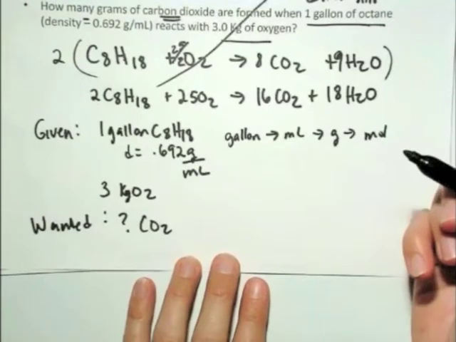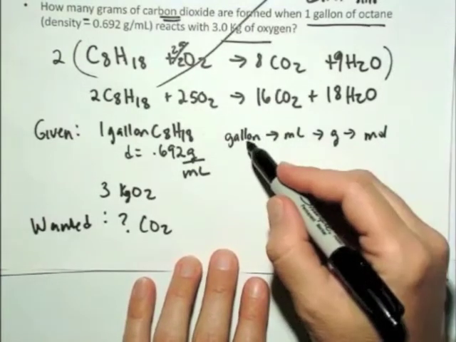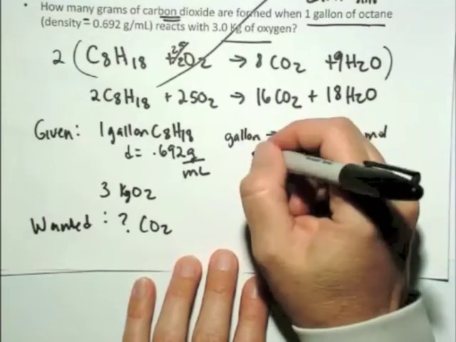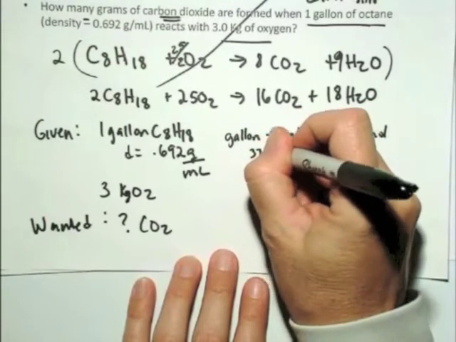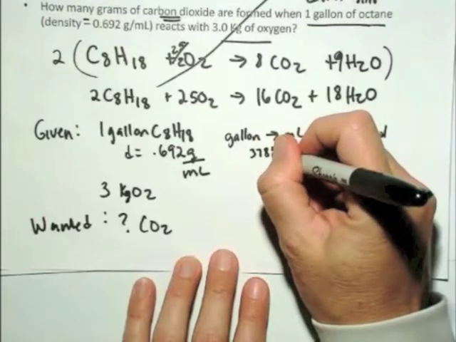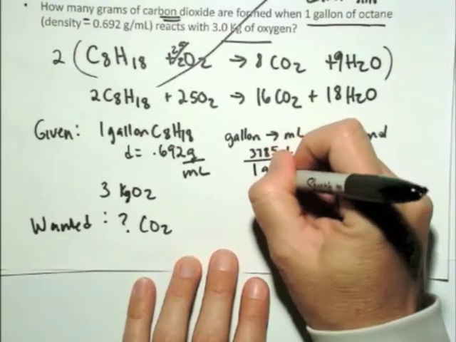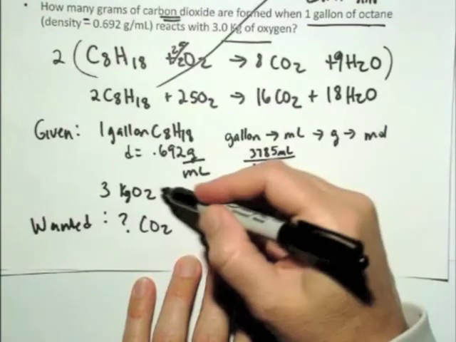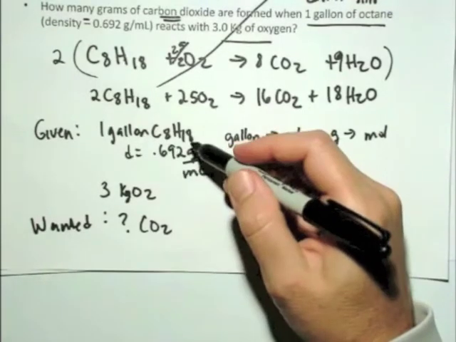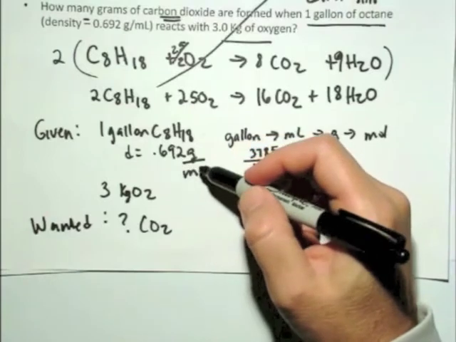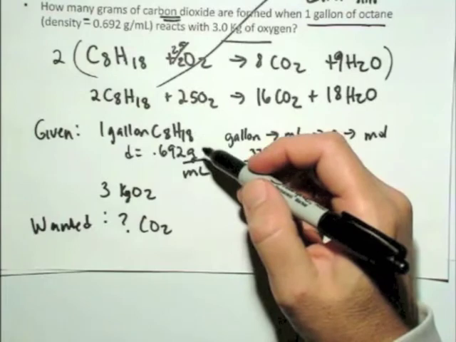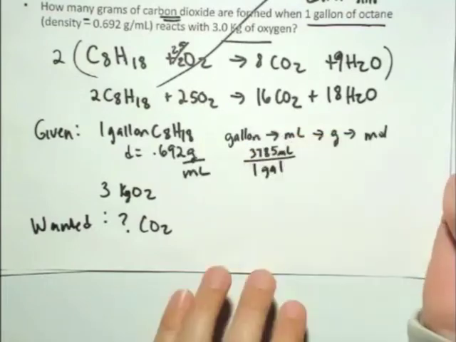And I looked up the conversion factor for gallons to milliliters, and as it turns out, there are 3,785 milliliters in 1 gallon. So that's your conversion factor there. And then the milliliters to grams, you can just use density as a conversion factor, because what it means is every 1 milliliter of octane weighs 0.692 grams. So every time you have a milliliter of octane, that's how much it's going to weigh.